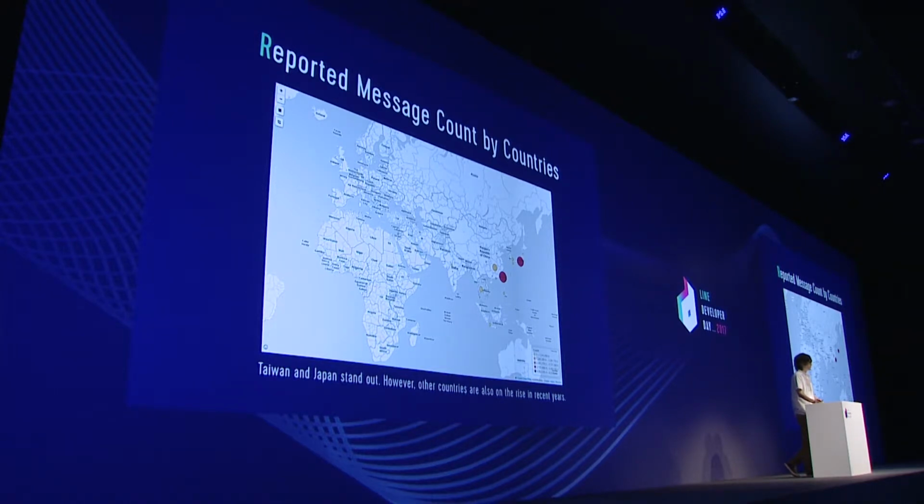However, because Japan also has a significant number of spam messages, we're working on anti-spam measures, especially in these two countries. Recently, we're also seeing an increase in reported spam messages in other countries, so right now we're expanding our effort in combating these spam messages.